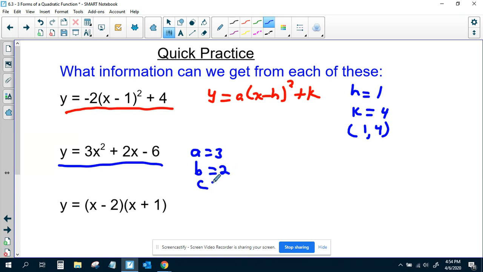And our c value is going to be -6, because our function is y equals ax squared plus bx plus c. So our c value in this case is -6. That means that our y-intercept is going to be -6.